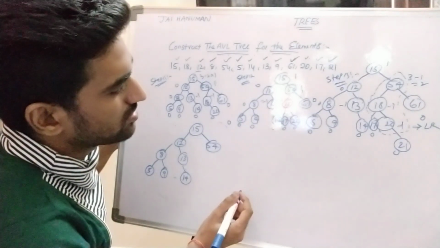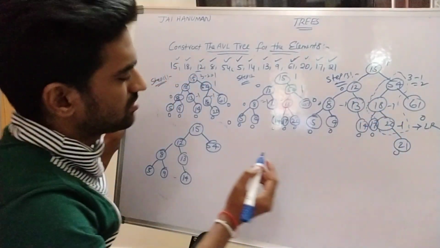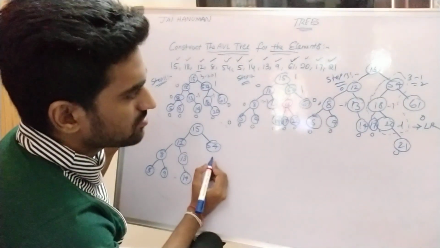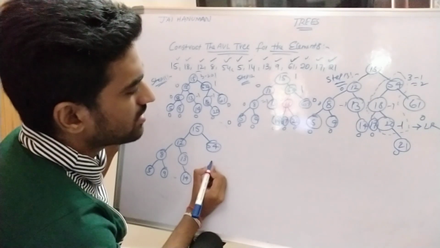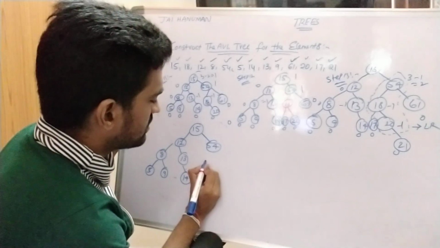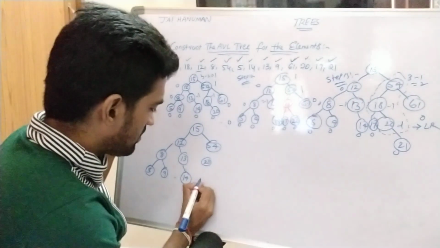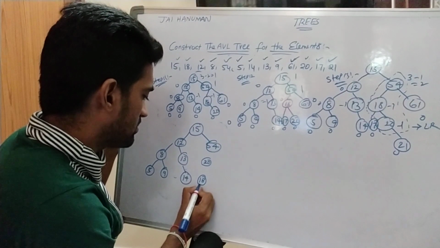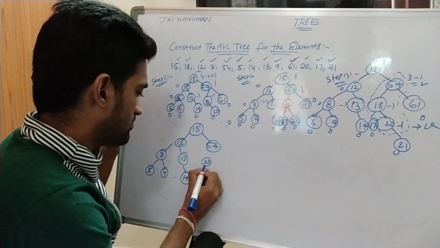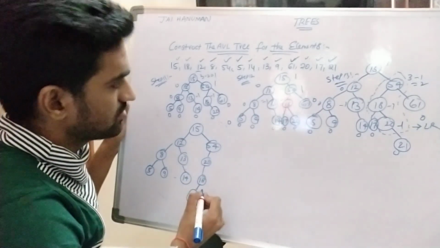So here I am moving this node. Now the tree becomes, after LR rotation, 20, 18, 17, 20, 18, 17.